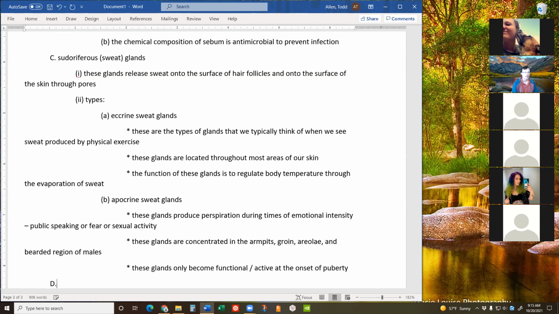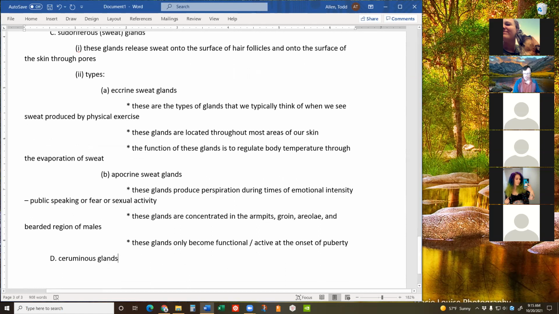The last kind of gland that I want to give you some information about are the earwax glands, the ceruminous glands. Ceruminous glands are actually a specialized, modified type of sweat gland located in the external ear.